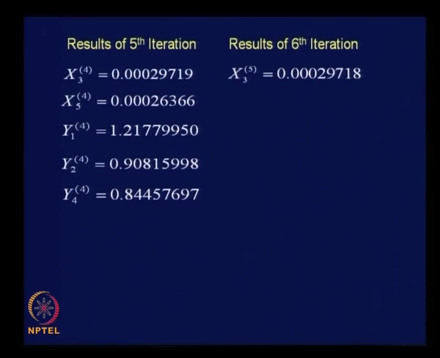Now, we are getting the x3 value to be this much. Now, look at the two numbers that we have obtained through iteration 5 and 6. What is the variation? Still they are not the same.